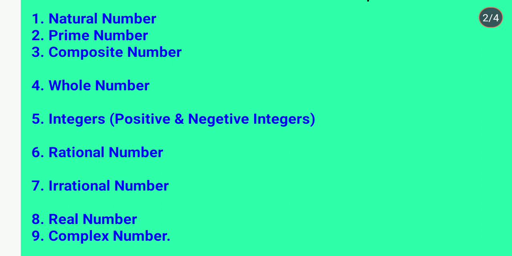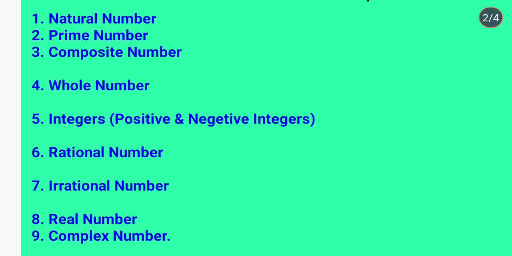And prime numbers are those numbers which only have 1 and itself as factors. Or you can say that a number which is divisible only by itself or by 1 is called a prime number. Even numbers are those numbers which are divisible by 2.